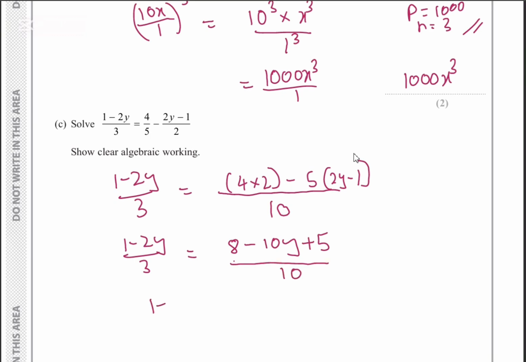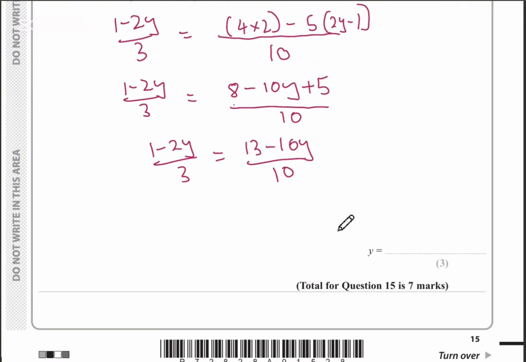So 1 minus 2y over 3 equals 8 plus 5, which gives an answer of 13, so I have 13 minus 10y over 10. Now all I have to do is cross multiply: 10 times 1 minus 2y equals 3 times 13 minus 10y, and then expand the bracket.